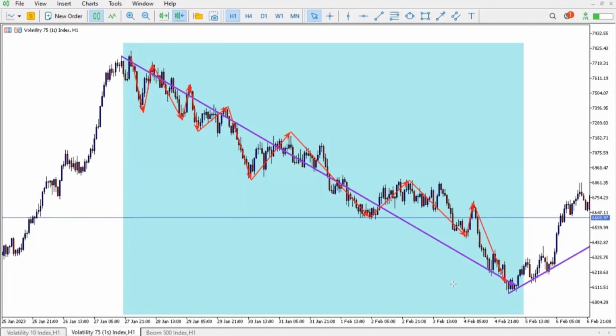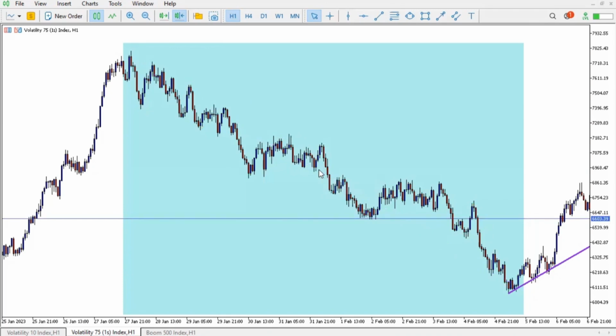Now, also, there's what we call a trend line. A trend line is a line that is drawn to join 2 or 3 points in the chart. This particular line I drew before, let me remove it. Now, I can actually join this first point to these ones, and I can join them like this.